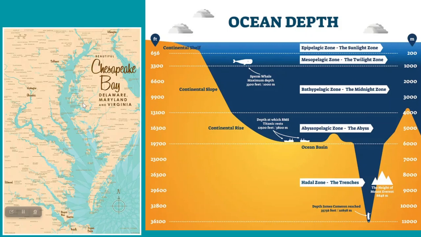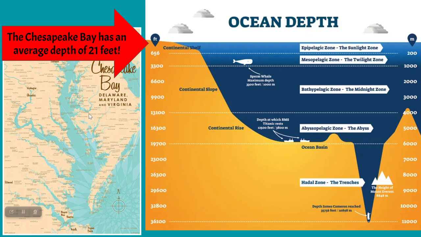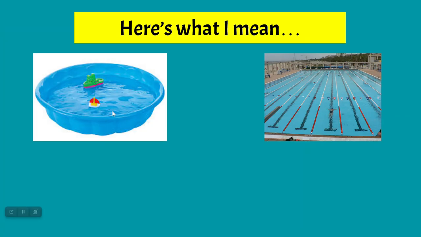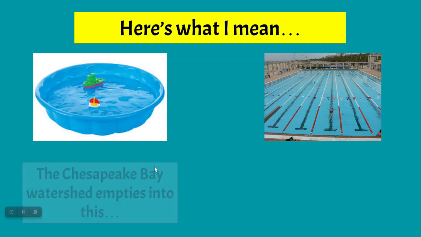The Chesapeake Bay, though, this is the water right here. So we are actually probably even to the left of this shallow water. So it is on average 21 feet deep. That is not very deep. So when we think about those dirty feet cleaning off in the kiddie pool compared to the dirty feet cleaning off in the Olympic-sized pool, our Chesapeake Bay, it's more like that kiddie pool because it's a lot of land that is feeding into just a small amount of water.